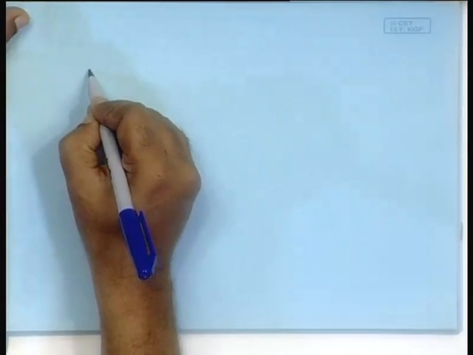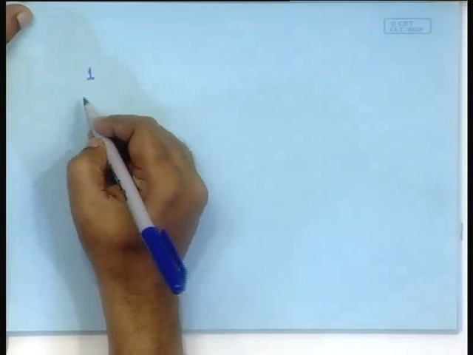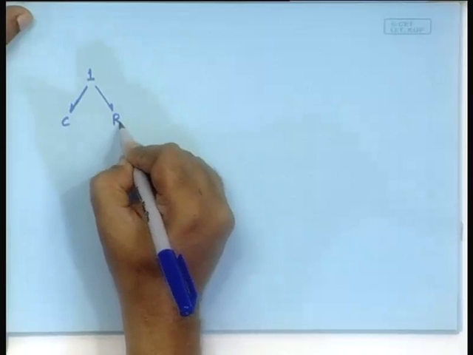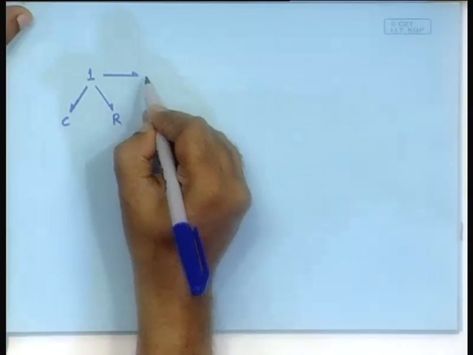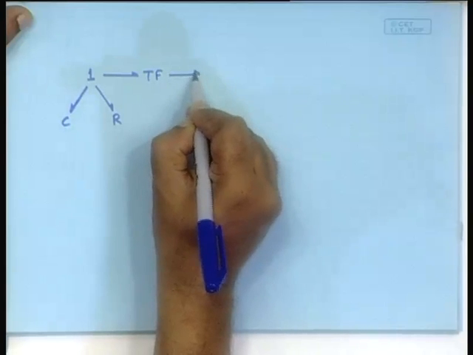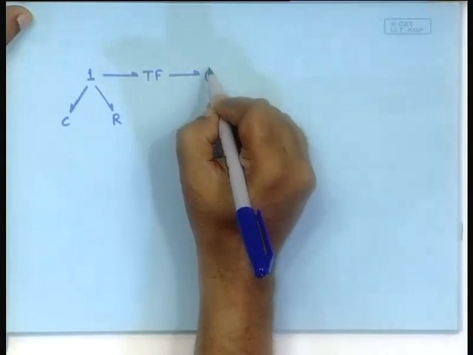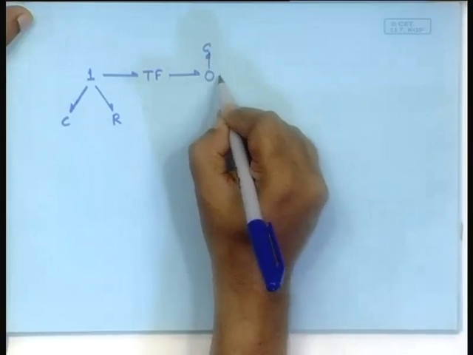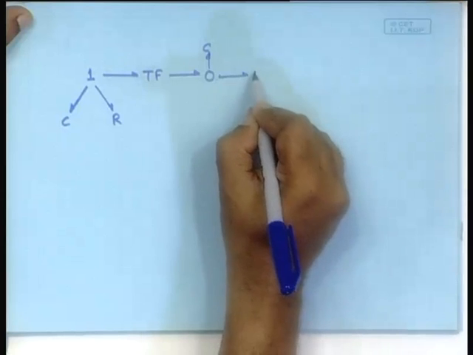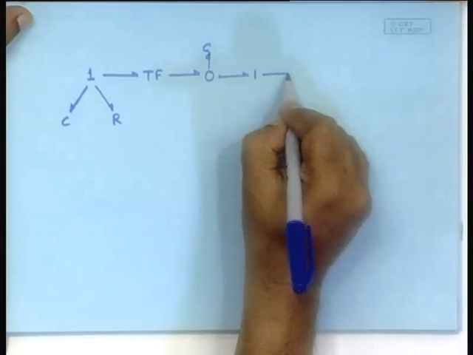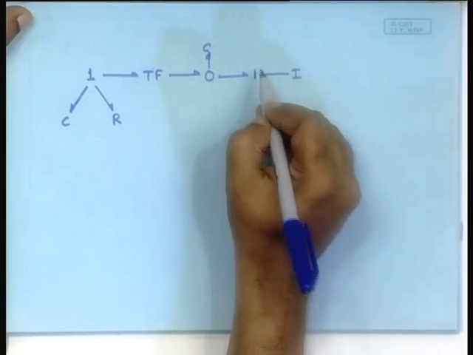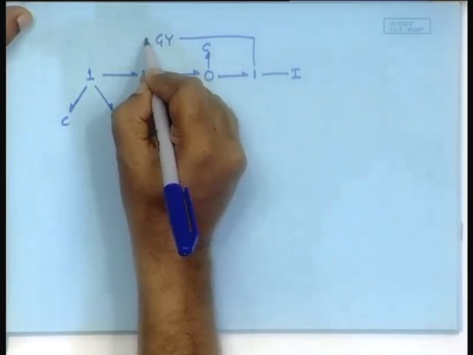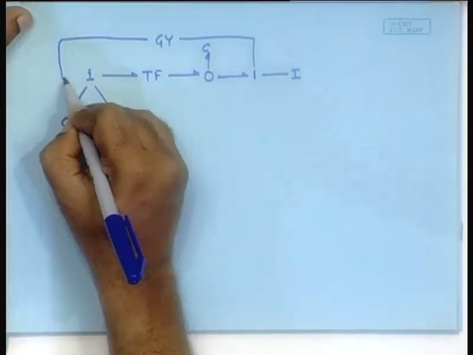So, it is a 1 connected to a C, connected to a R, connected to a transformer, connected to 0, connected to C, connected to 1, connected to I, and then from here it gets through a gyrator to this.